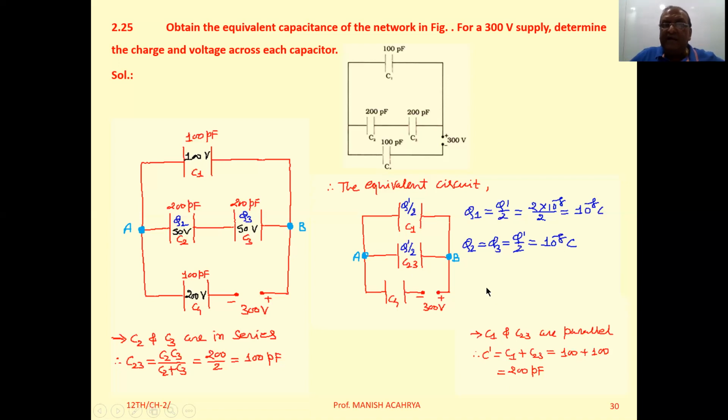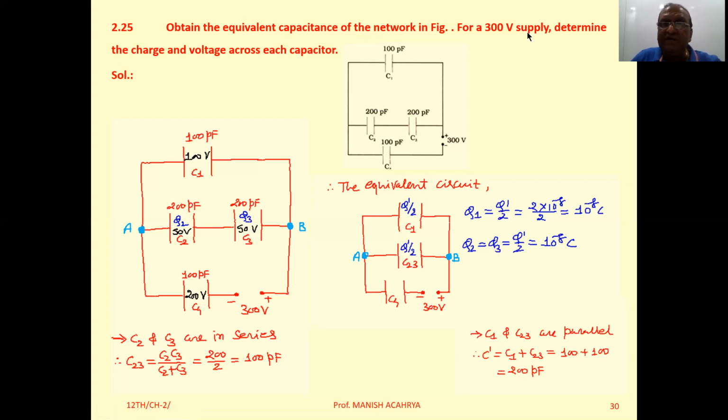So we can write now the charge on C2, that is Q2, is equal to the charge on C3, that is Q3, and that is equal to this Q dash by 2, and that is 10 raised to minus 8 coulomb. So the charges on each capacitor are now calculated.